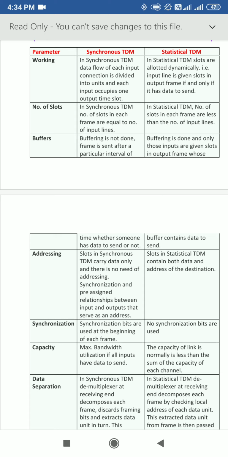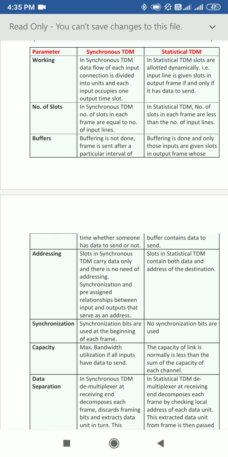But in statistical TDM, time slots are allocated dynamically. That is, an input line is given slots in an output frame if and only if the input unit has data to send. In synchronous, it is irrespective of whether the input unit has data to send or not. For each and every input time slot, there will be an output time slot.